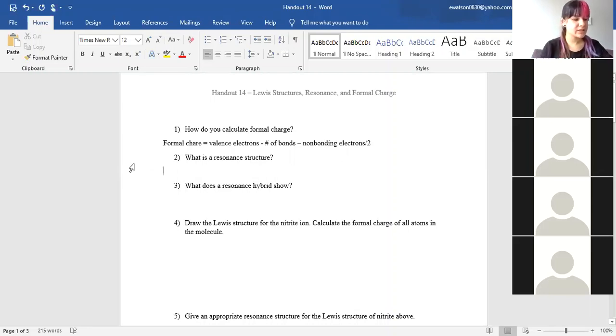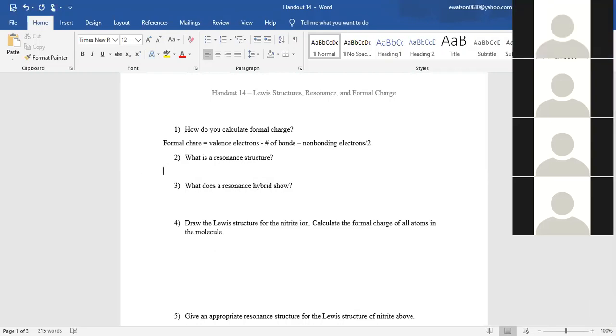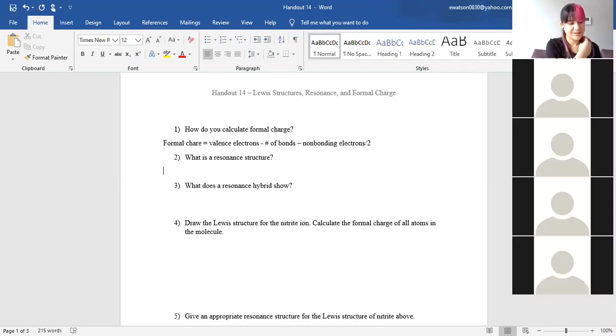Okay, so what is a resonance structure? Anyone? It's not really a huge deal, but you should know what it is, especially if you are pre-med or pre-vet or anything that has to go into organic chemistry, because resonance structures are going to come back with a vengeance.